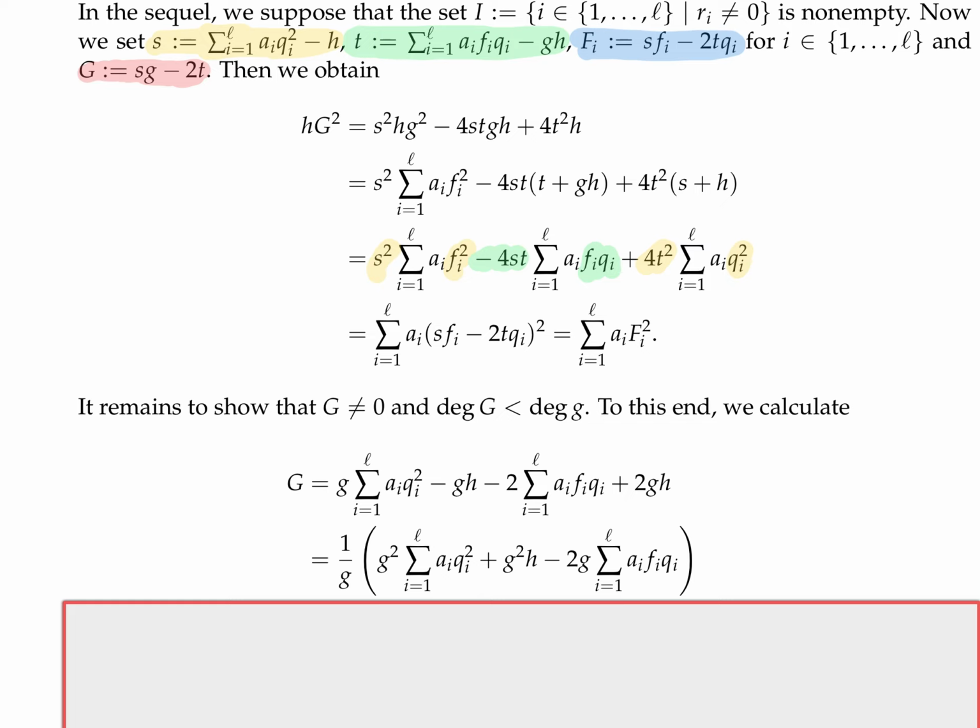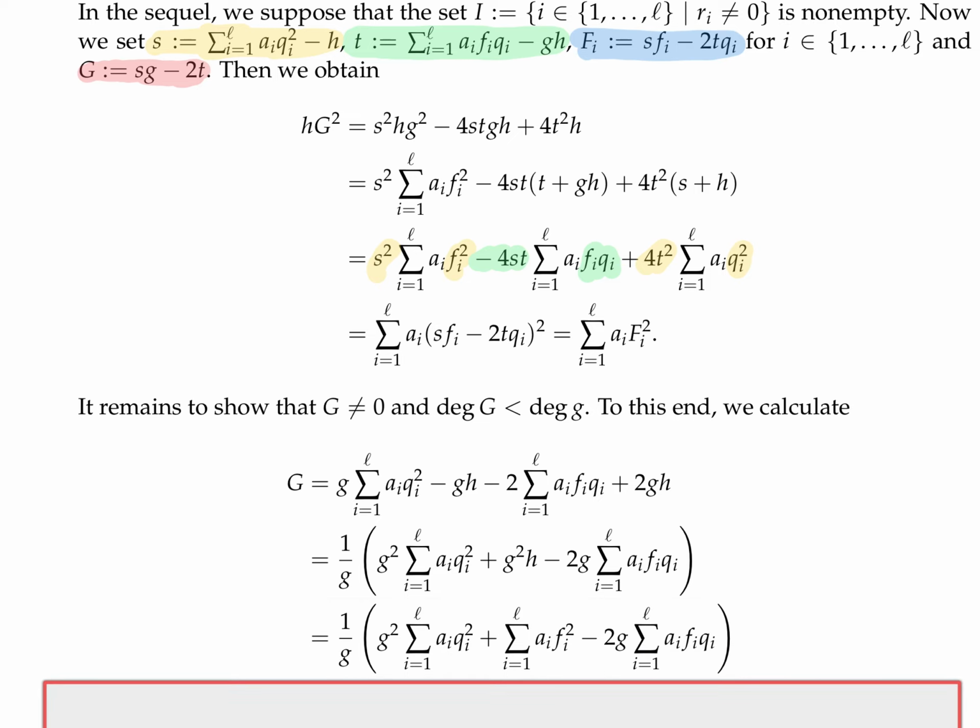So if I minus gh plus 2gh, that gives gh, and this is multiplied with a g, so I have g squared h, and here minus 2g with sum here, which comes from here. And then this is 1 over g times g squared with, plus, now g squared h was with sum, right?